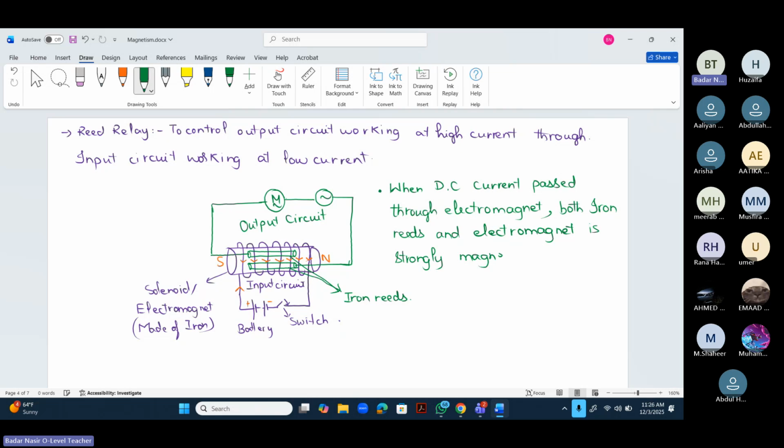So I told you, beta, these are the keywords: when you pass the DC current, the iron reeds and the electromagnet are strongly magnetized.